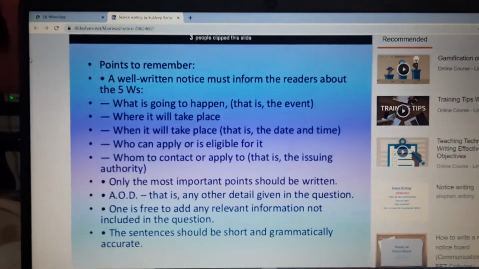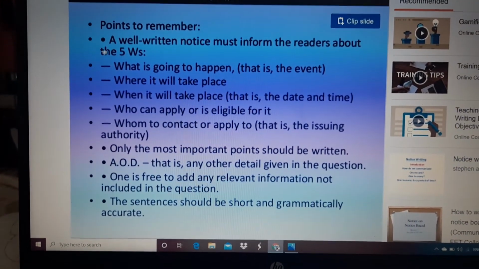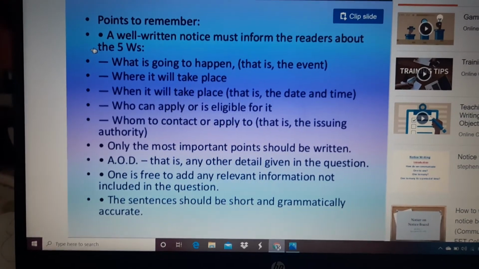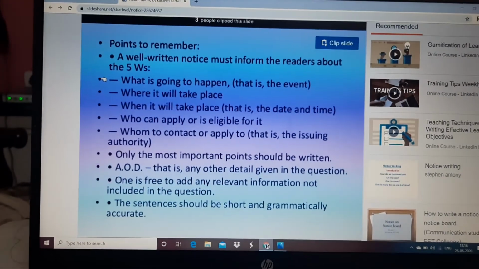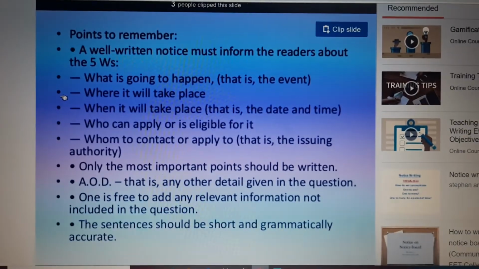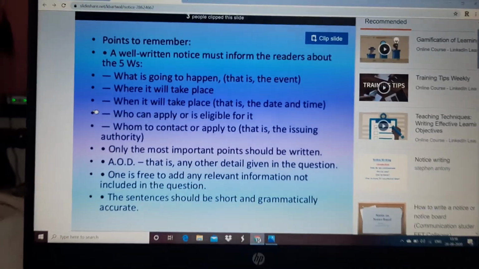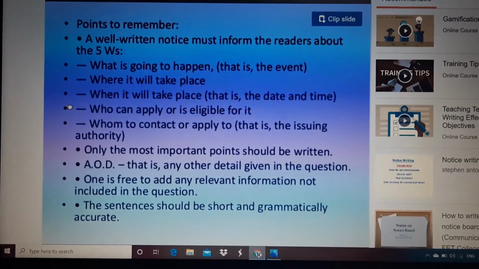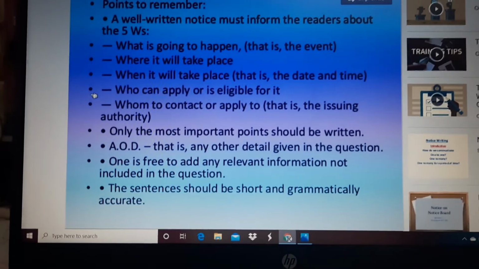Here you have 5 points to remember. A well-written notice must inform the readers about the 5 W's. What is going to happen, that is the event, where it will take place, that is the venue, when it will take place, that is the date and time, who can apply or is eligible for it, and then whom to contact or apply to, that is the issuing authority.